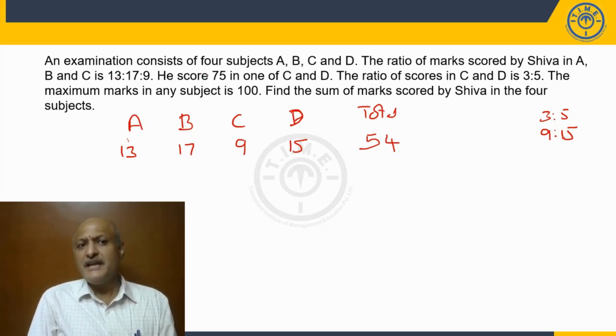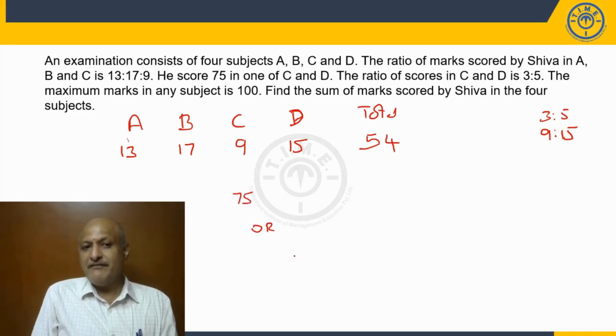Now, one more point. He scored 75 in one of C and D. So the possibilities are he could have scored 75 in C, or he could have scored 75 in D. 15 into how much will be equal to 75? 15 into 5 is 75.